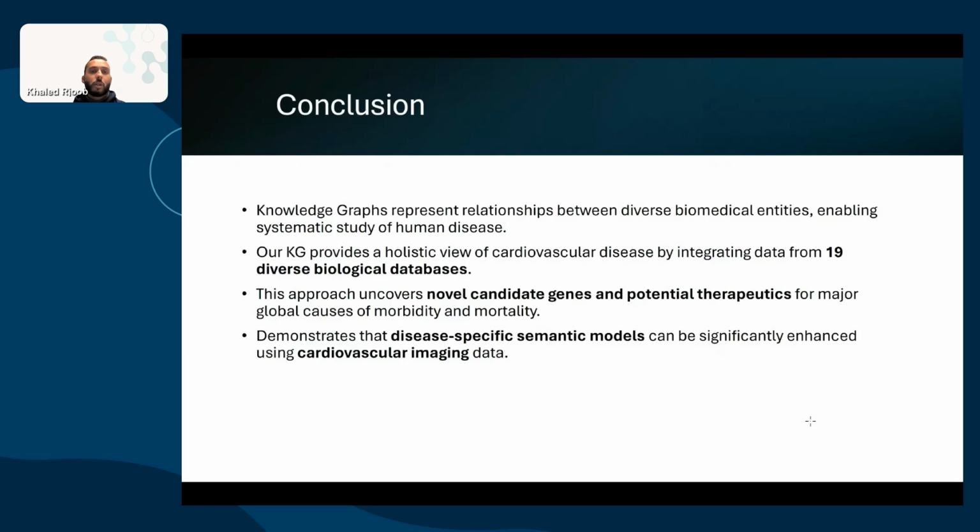This approach uncovers novel candidate genes and potential therapeutics for major global causes of morbidity and mortality. And it demonstrates that disease-specific semantic models can be significantly enhanced using cardiovascular imaging data.